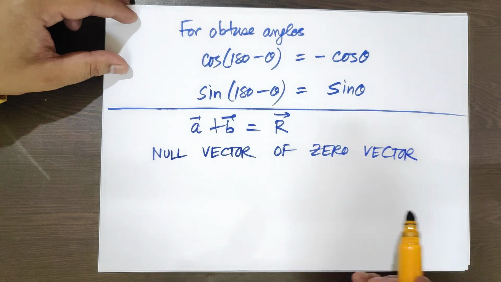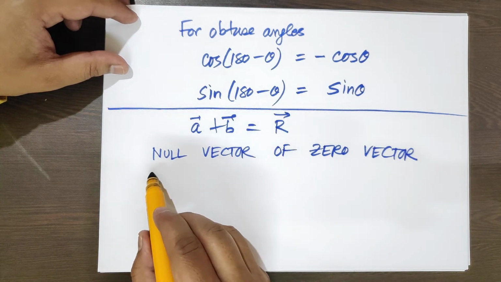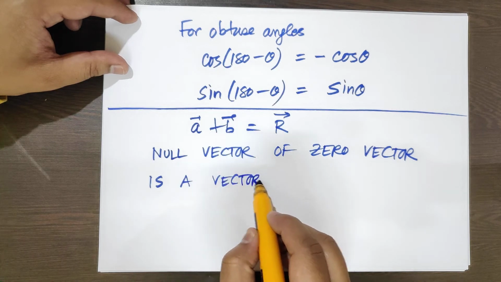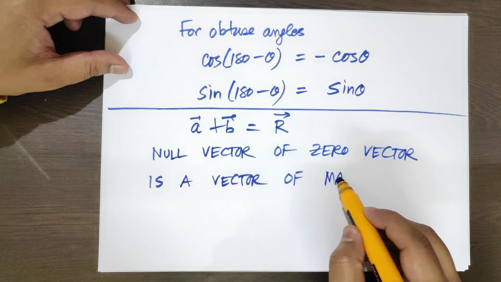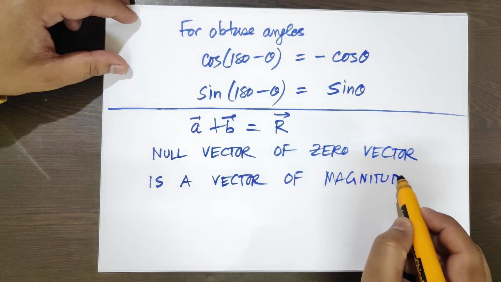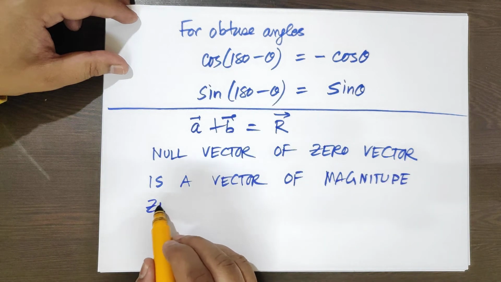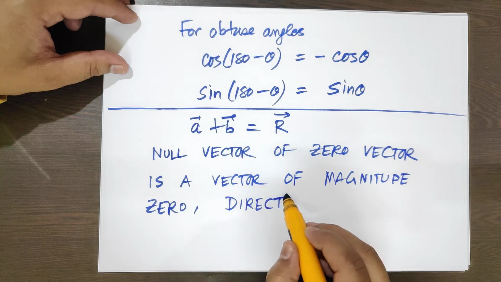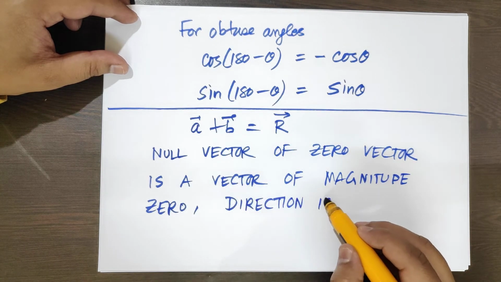A null vector or a zero vector is a vector of magnitude 0, and its direction is indeterminate.